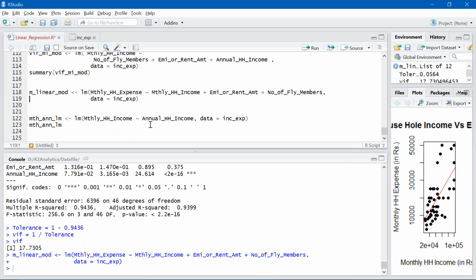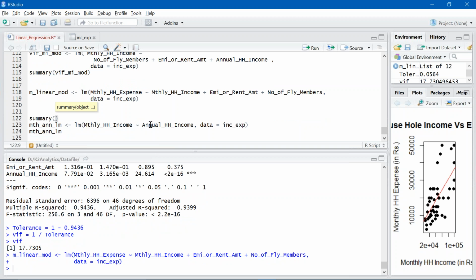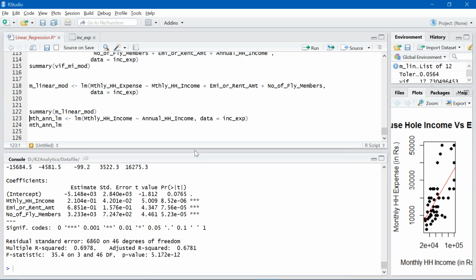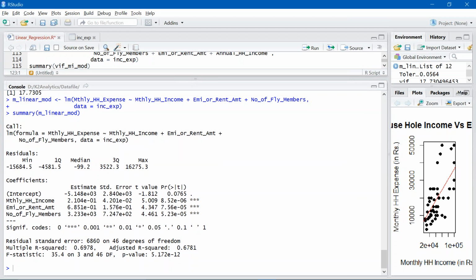Now let us again see summary of that final model. Summary M underscore linear mod. We started with R square of 42%, 0.42, which means 42% of the variance in expense could be explained.